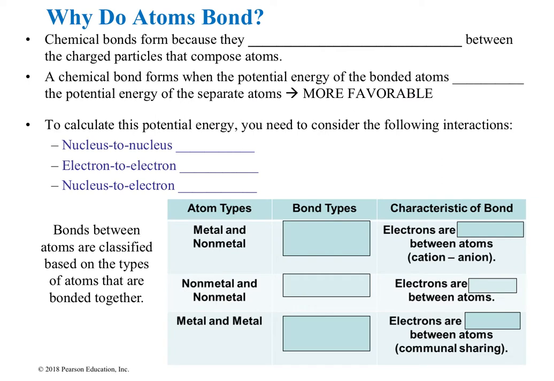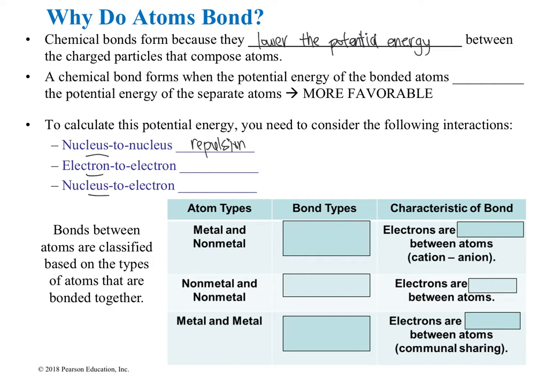Chemical bonds form because they lower the potential energy between the charged particles that are in the atom. So the nuclei, the electrons, and the nucleus to the electrons. Remember that the nuclei are both positive, so there's going to be a repulsion there.